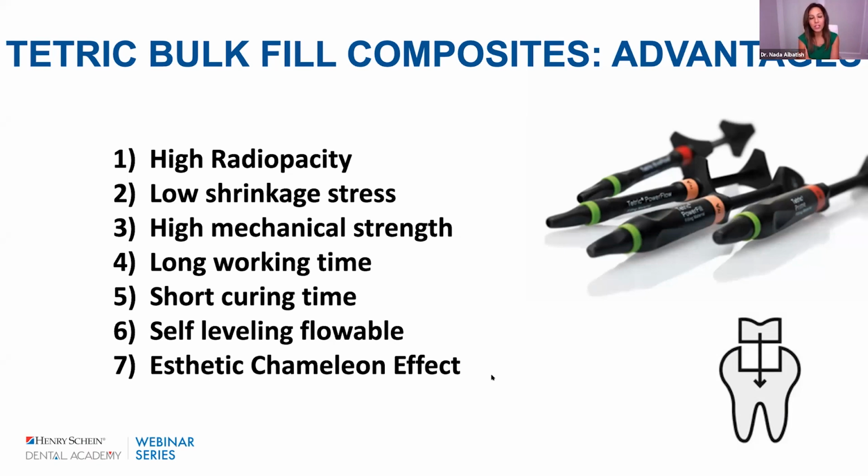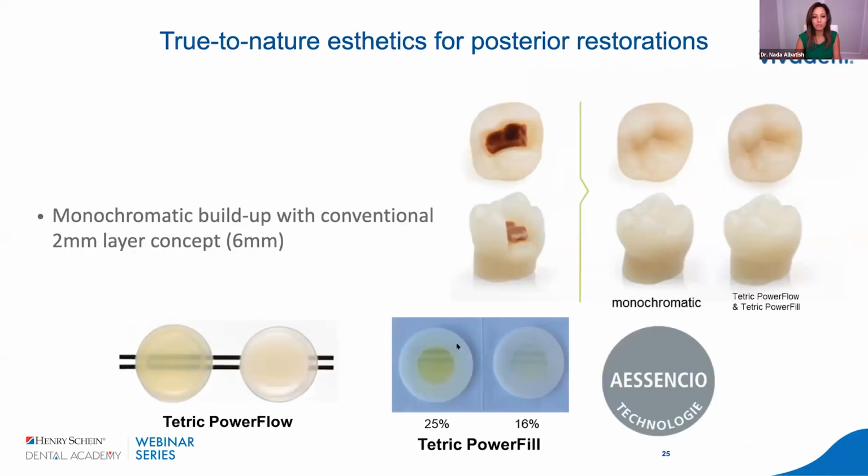Like, how much time can you really spend on an MO to make it beautiful? And the wonderful thing about this composite is that if you're using an A range shade, you just put it in, and once it cures, it actually picks up the color of the tooth. And so that's what it means by chameleon effect. It kind of camouflages with the tooth itself. And so you get a really nice looking posterior restoration.